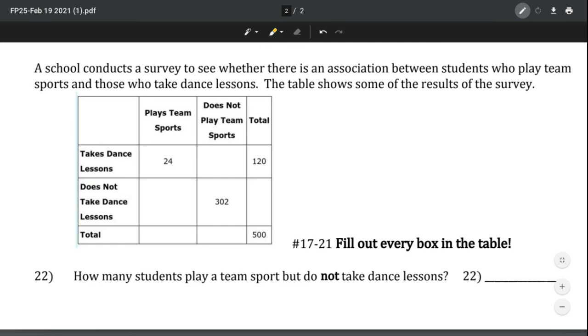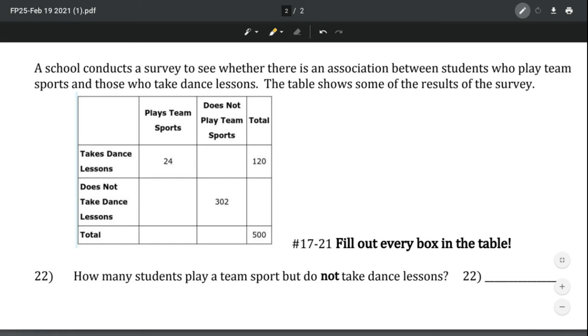So in this table we're comparing some things. It's results from a survey, looking at the association between students who play sports and those who take dance lessons. I don't know why they would want to know that association. The table shows some of the results of the survey.